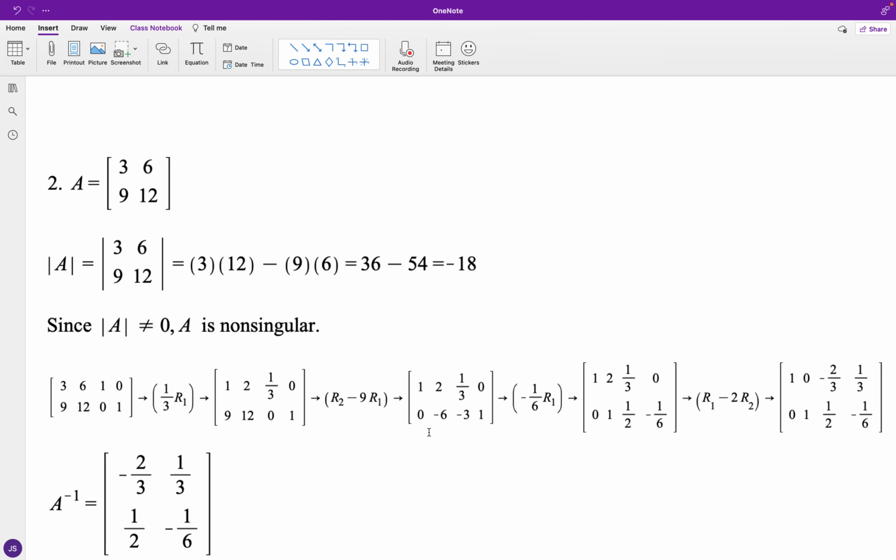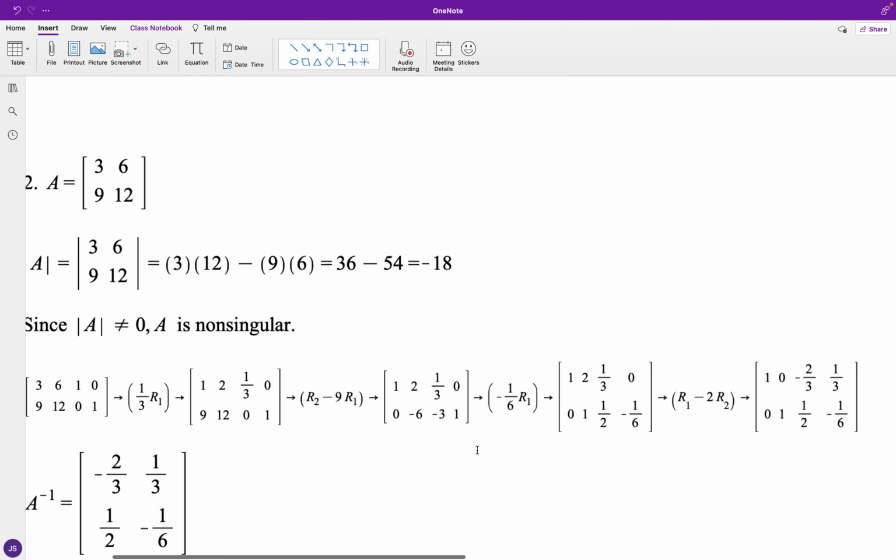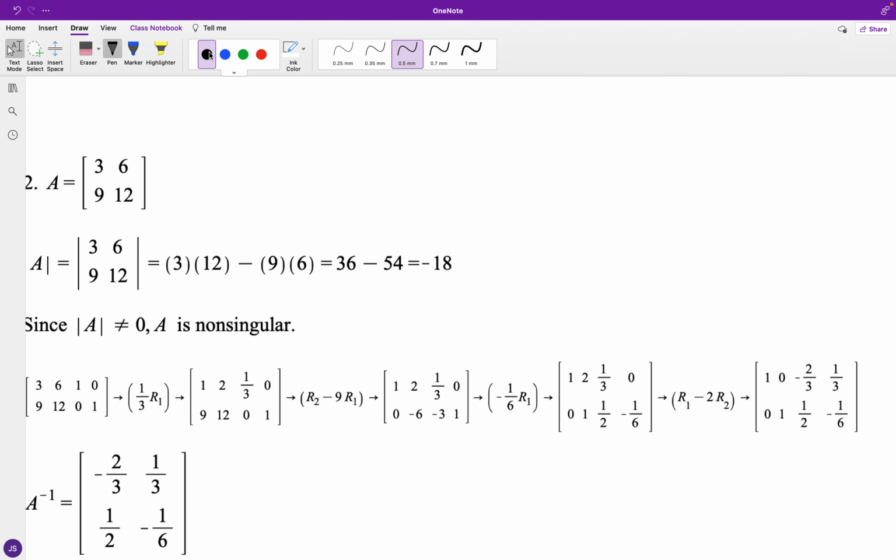I want the second column to consist of 0 and 1. I can change the negative 6 if I take negative 1/6 of the second row, R2. Taking negative 1/6 of this, I have 0, 1, 1/2, and negative 1/6.